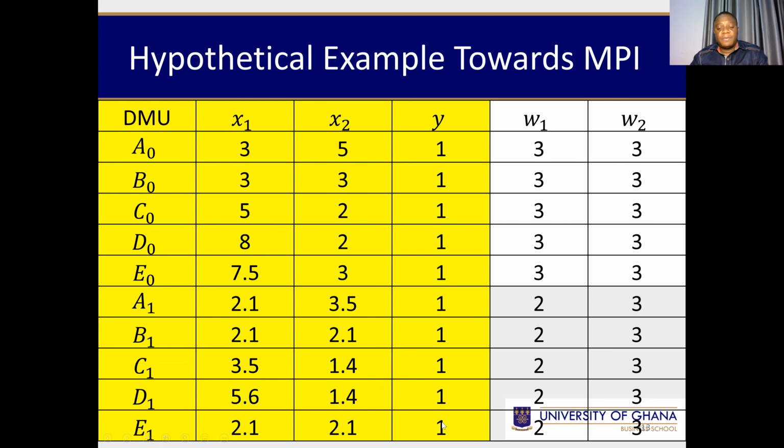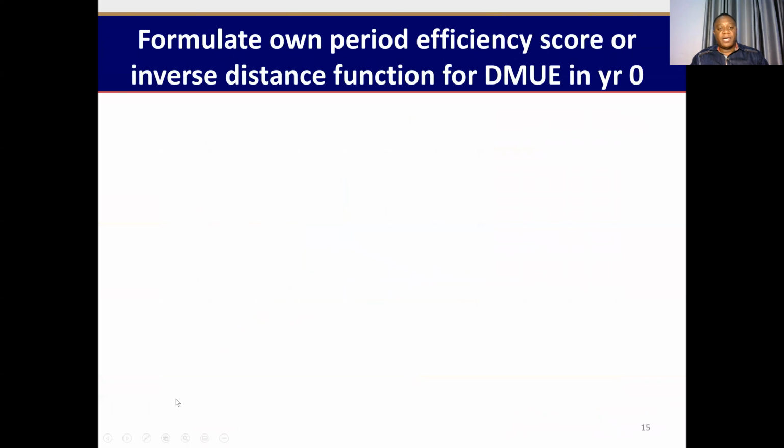Then add the convexity: lambda A1 plus lambda B1 plus lambda C1 plus lambda D1 plus lambda E1, which is equal to 1. And then your non-negativity constraint. Very good, very good.